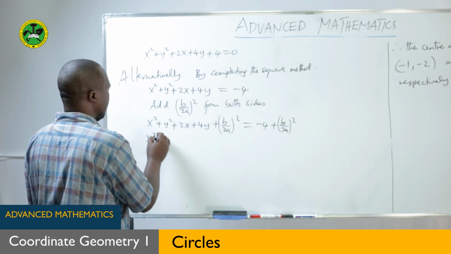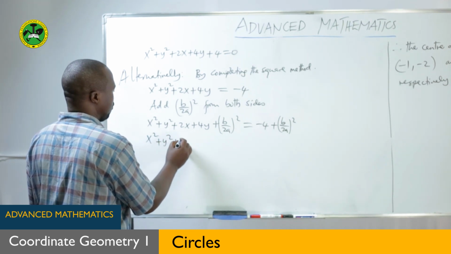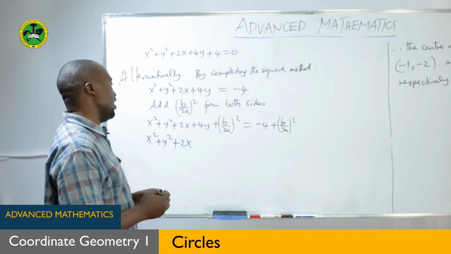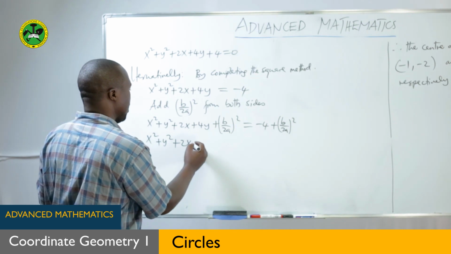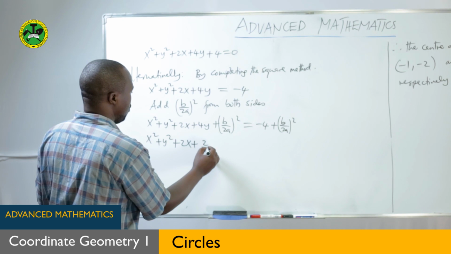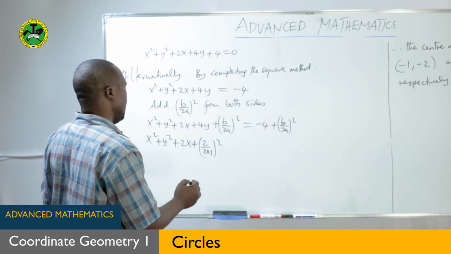So that is x squared plus y squared plus 2x. Now let us add this item, that is (b over 2a) squared. So the value of b is (2 over 2 times 1) squared.